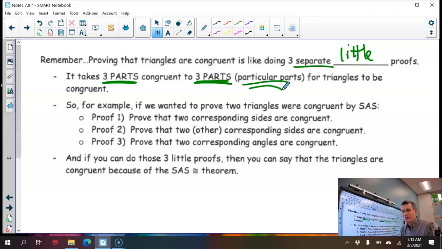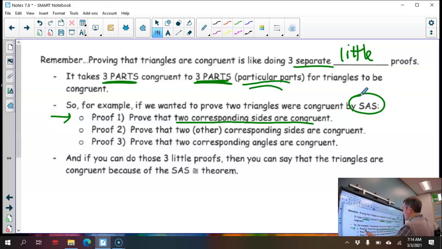So if I'm trying to prove triangles are congruent, I can break this down into three proofs. One, prove that two corresponding sides are congruent. By the way, if I was proving two triangles are congruent by side angle side, this would be my method.